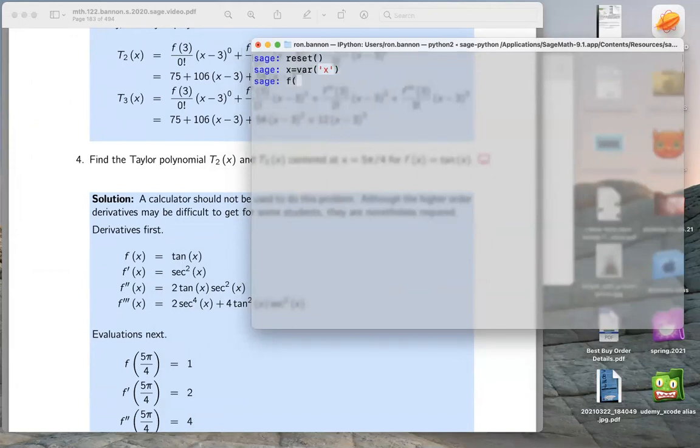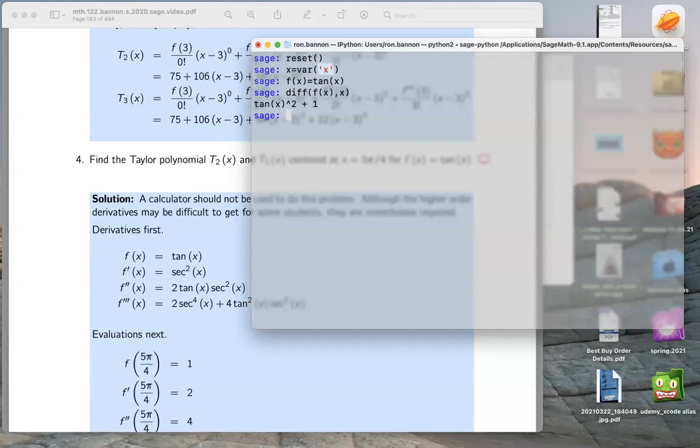And I'm going to say f of x is equal to the tangent of x. Diff, and I'm sorry, I don't do that. f of x with respect to x. And it gives me that, which is equivalent to secant squared.